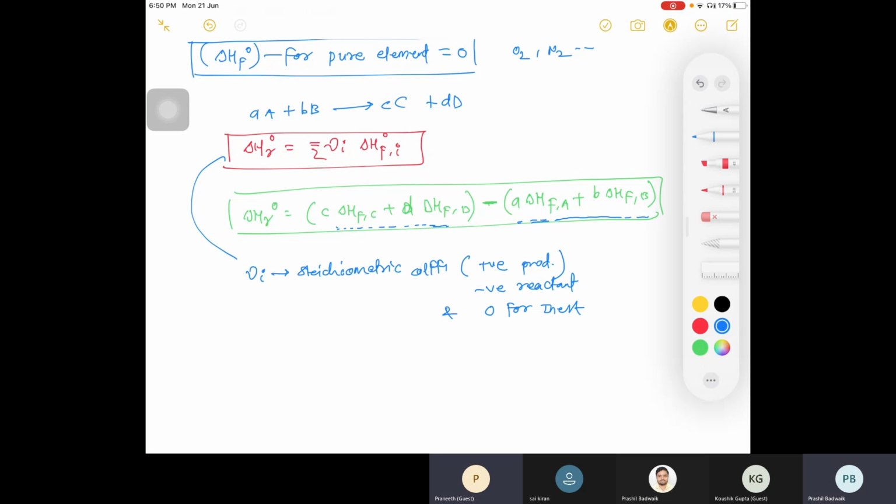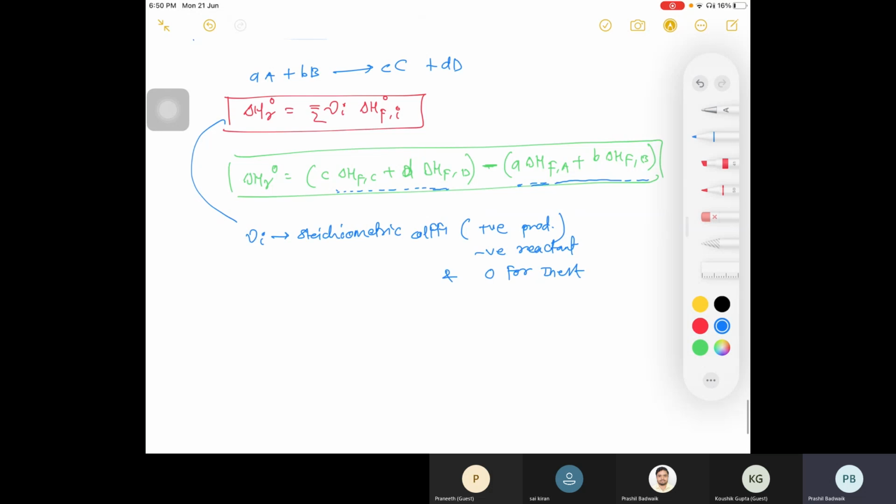Products are the things that are newly formed, right? Yes, correct. So we take the energy that is required for reactants from the energy for products. Okay, yes. So you can write it in terms of that.